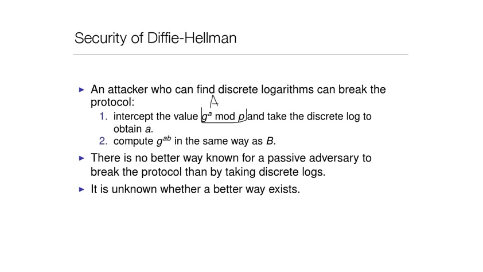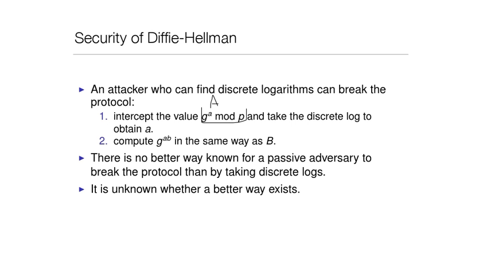But anyway, the person who is going to break this protocol should at least be able to solve the discrete logarithm problem and get simple A or simple B from that. So there is no better way known for a passive adversary. Passive adversary means the attacker is not involved in the computations of the protocol. The attacker is just observing passively, observing the communication and trying to extract the values from that.